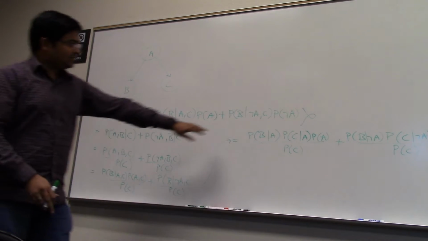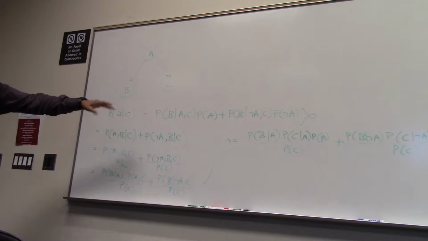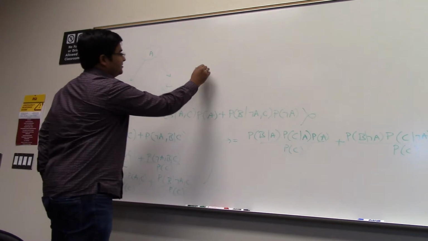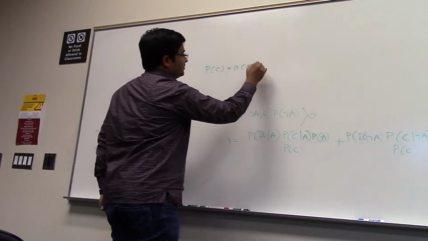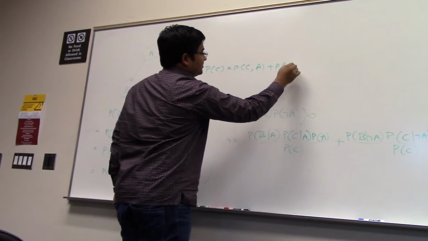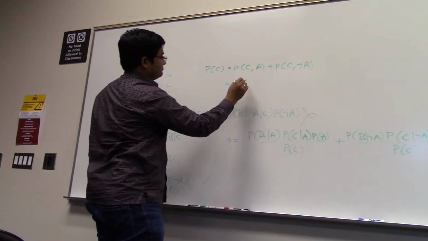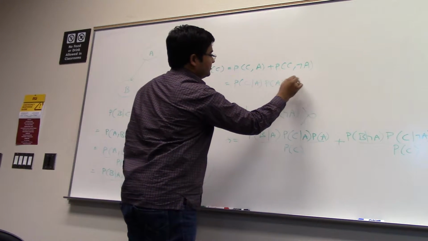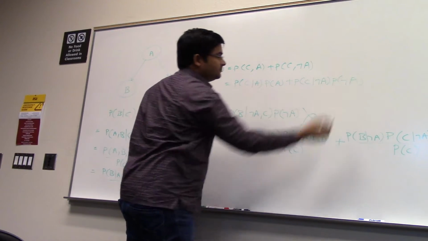So all the terms in the numerator are directly available from CPTs, and P(C) can be calculated. Basically P(C) is the sum of P(C given A) P(A) and so on.